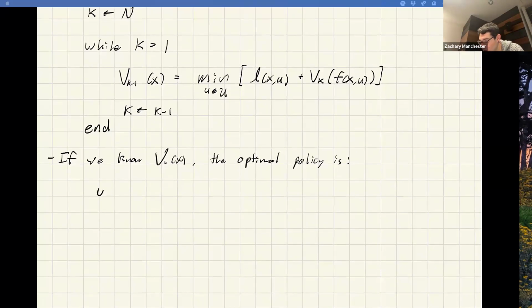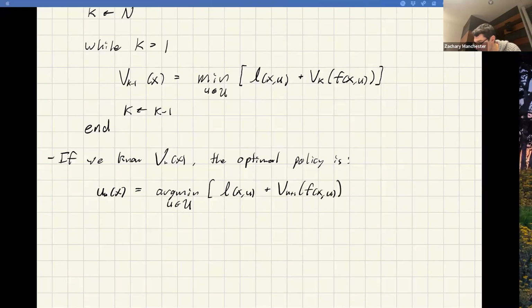It's then u_k of x, the feedback policy, is the argmin over u in whatever my bounds are, of the one-step cost plus the cost to go with this in here. So I can solve this little optimization problem over just a single time step. And the answer to that is the optimal control.